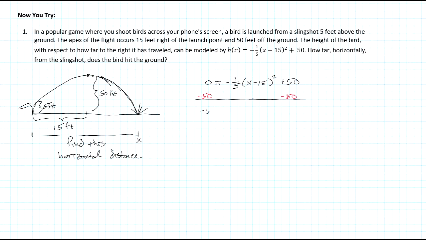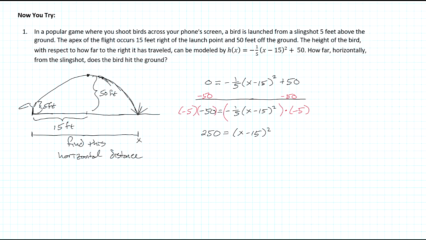And so we'll have negative 50 equals negative 1/5 times x minus 15 squared. We'll then go ahead and multiply both sides by negative 5 to clear the negative 1/5. When we do that, we'll get 250 equals x minus 15 quantity squared.